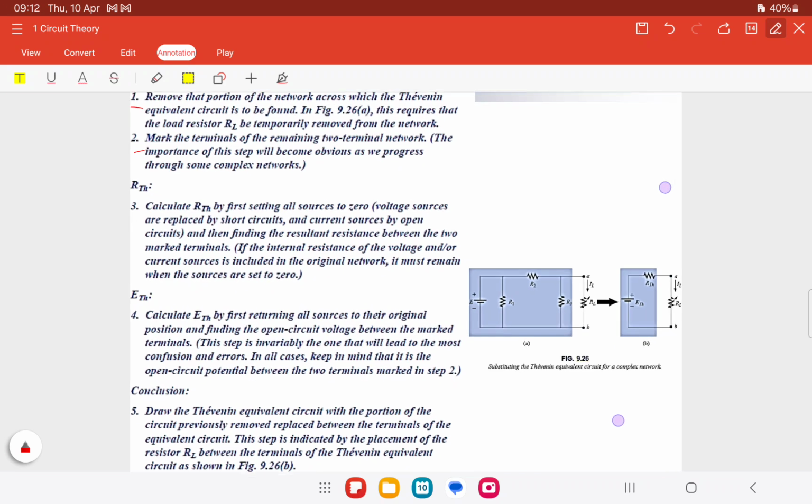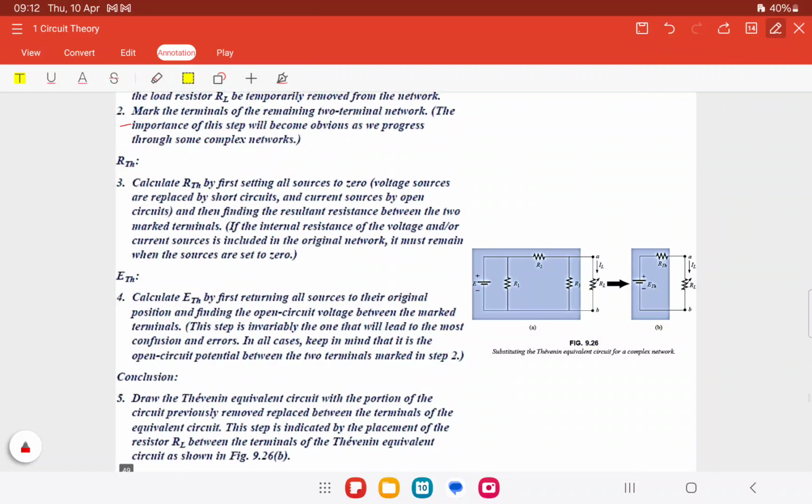Okay, how do we consider open circuit? It means we need to take out the component, bring it out first. We remove the component, so it becomes an open circuit at the node. The node is normally given, for example node A and node B. So they have already placed node A and node B. So, open circuit at the node.